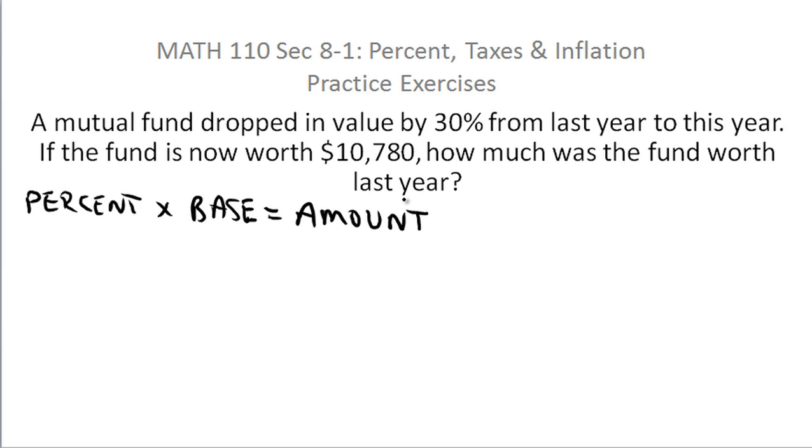There is a little twist here, and you've got to be careful. It says the mutual fund dropped in value by 30%. So I want to note this one little fact over to the side.